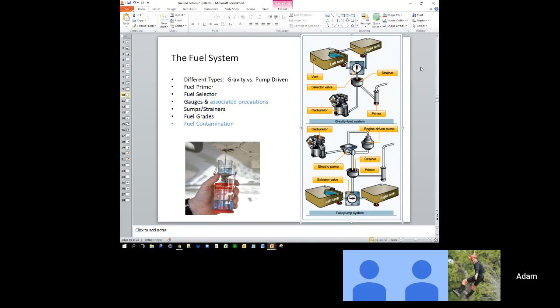So your Cessnas are going to have your gravity-fed systems. Your Pipers are going to have your fuel pump systems. There are high-wing airplanes that have fuel pump systems. Totally, you'll run into those. They use gravity and a pump.